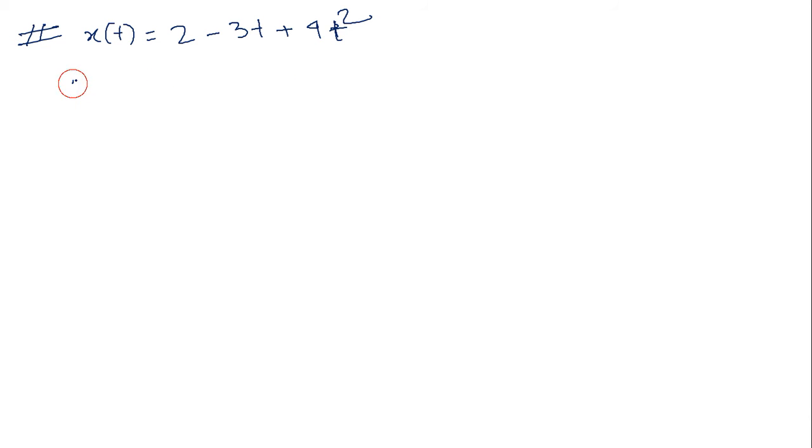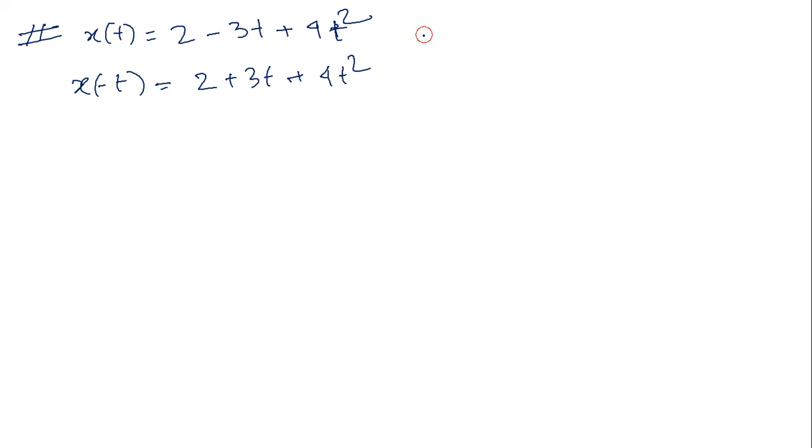First I need to estimate x of minus t. If I place minus t in place of t, I get 2 plus 3t, and t square is the same, so plus 4t square.